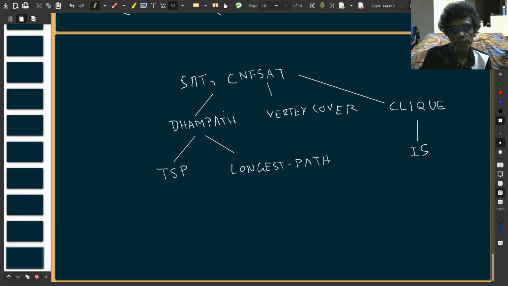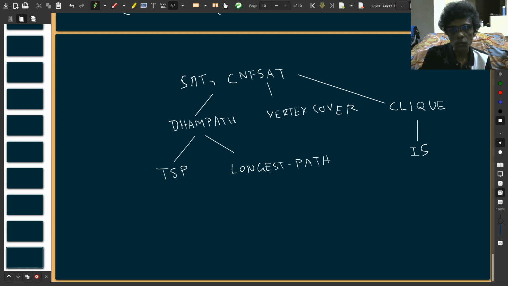Some are very difficult, like this to start with, and these were also quite difficult, whereas these last three proofs were fairly intuitive and straightforward. Again, when you come up with a new problem which you prove to be NP-complete, it is possible that you make a simple reduction, but it is also possible that no such simple reduction is immediately possible.